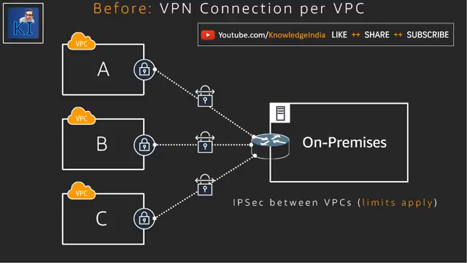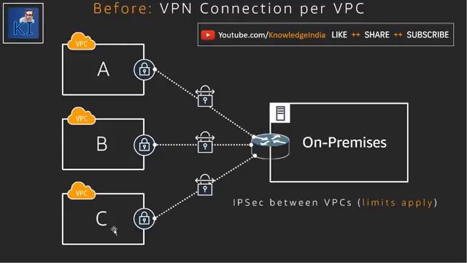You've got a VPC for the HR department, a VPC for payroll, and a VPC for, let's say, sales and marketing. Now, if you want to connect these VPCs to your on-prem data center, we were creating three different VPN connections, right?